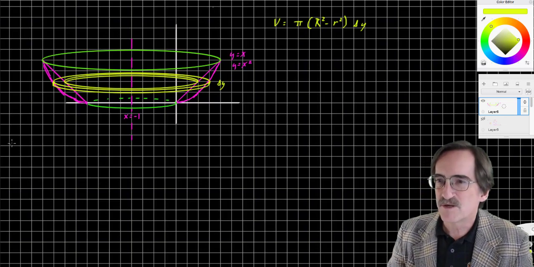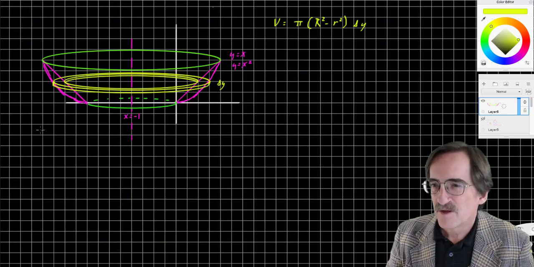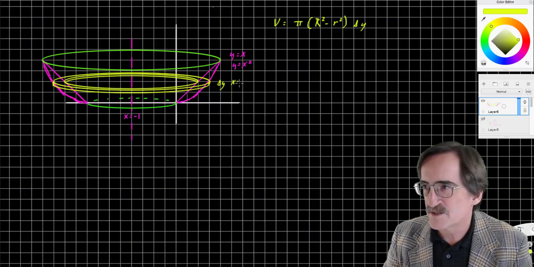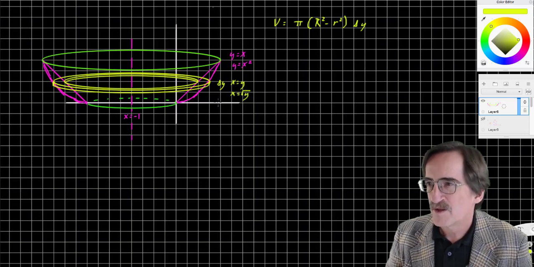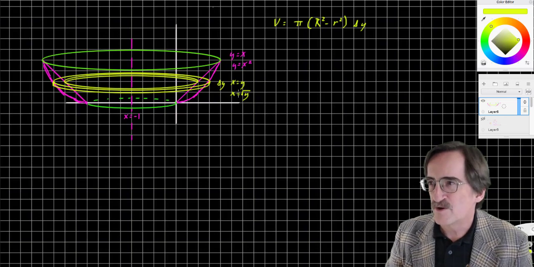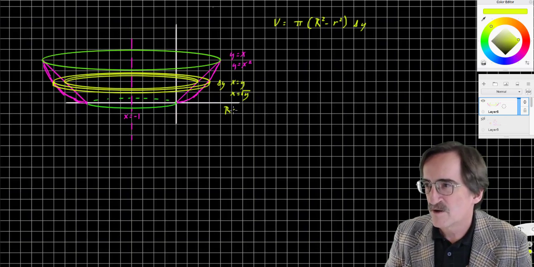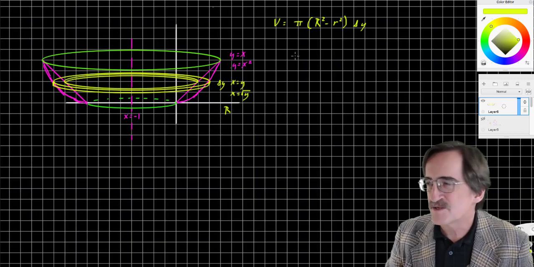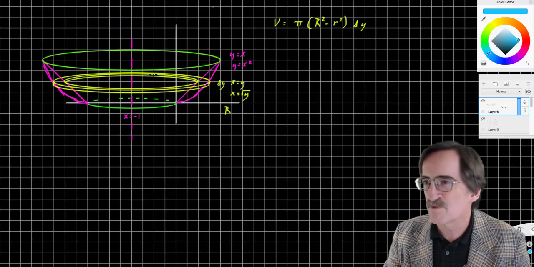So what is big R? Well, we need to solve these for x. So instead of y equals x, it's x equals y. And instead of y equals x squared, it's x equals square root y. And square root y is the outer r, so big R is square root y. Actually, it's not. Big R is the distance. Now, here's where it gets a little complicated.